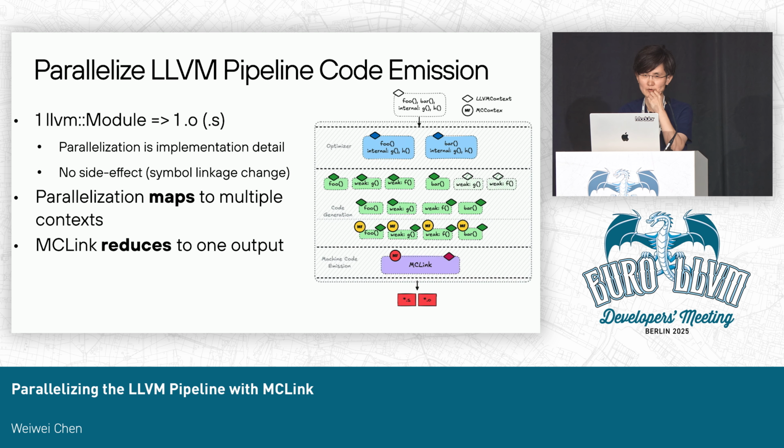There's definitely memory overhead because we have to duplicate a lot of things. Like here you can see, without parallelization, we just have one module and one LLVM context. When we try to parallelize, we have to duplicate the LLVM context. So this is extra memory pressure. And for CodeGen, we also have to duplicate the MC context. And for the first level subgraph splitting, we also have duplicated functions.